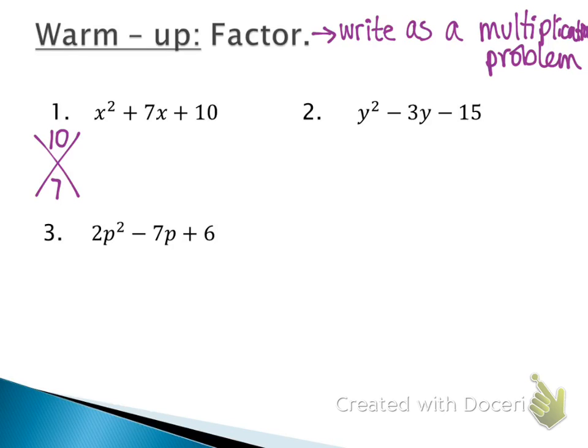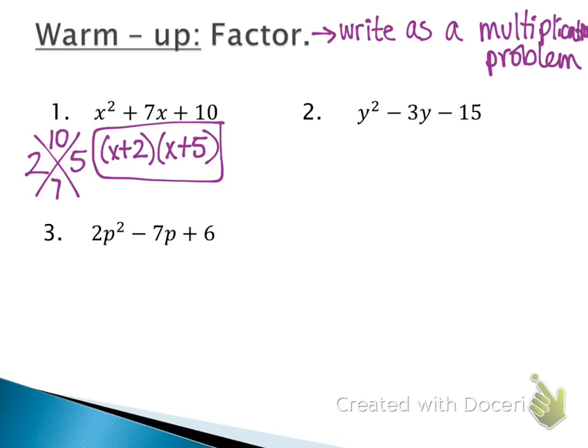Natalie, what are they? 2 and 5. But then that's not my answer because I have not written a multiplication problem yet. Jaquan, how do I write my answer? Very good. X plus 2 in parentheses and X plus 5 in parentheses. That's how we show it as a multiplication problem.